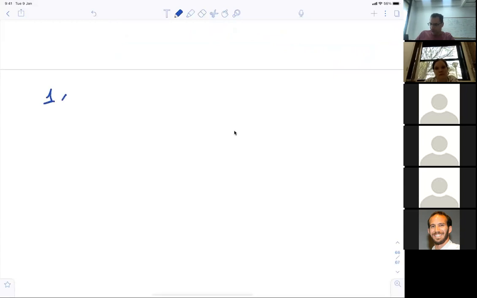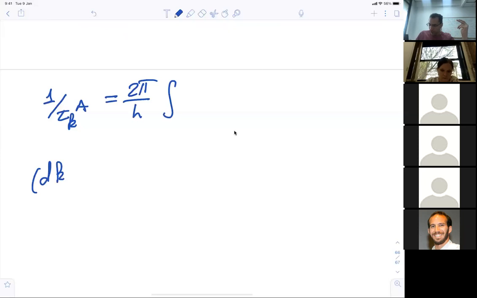So 1 over tau k absorption, this one that requires a pre-existent phonon. So the integral will be 2 pi over h bar. Let me denote by d^d k an object which is d-dimensional k over 2 pi to the power d, just not to write.